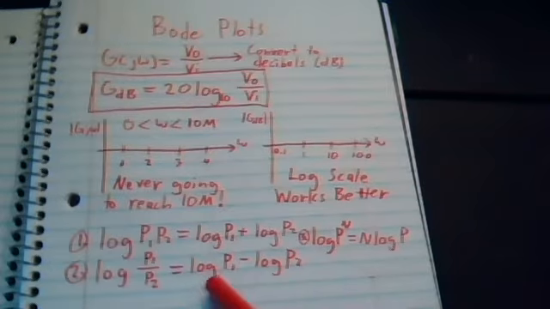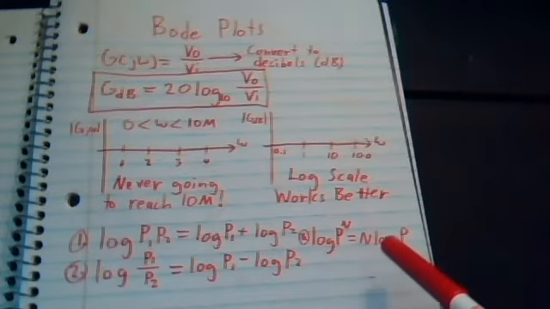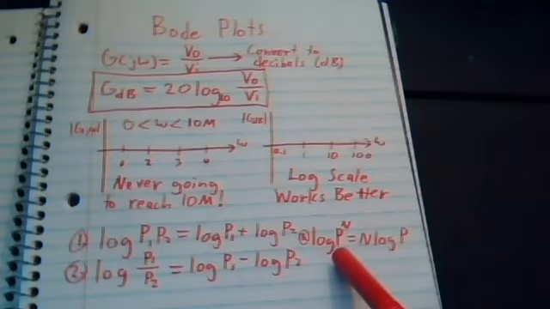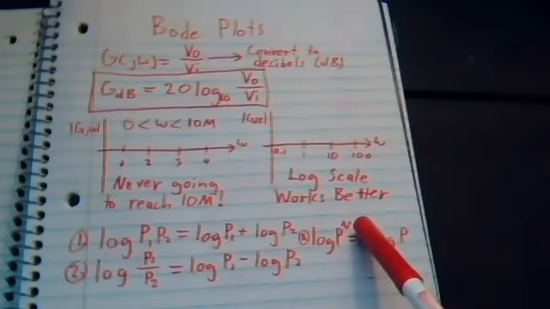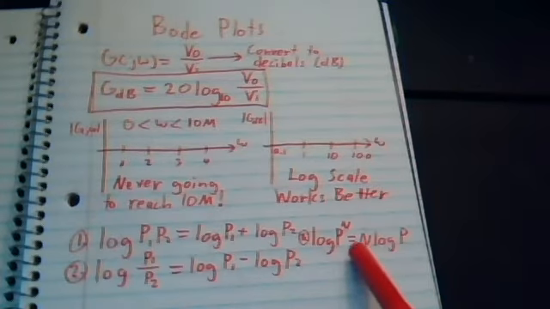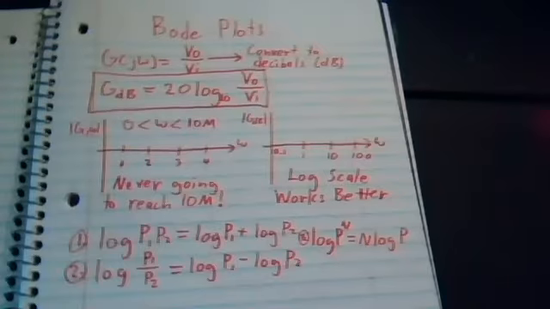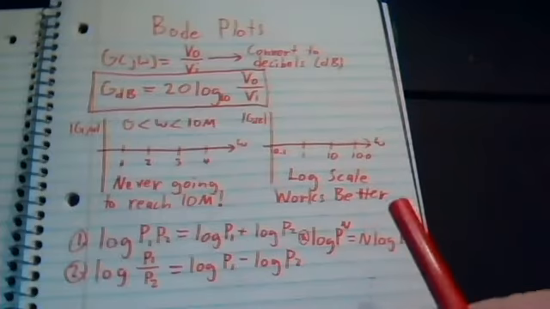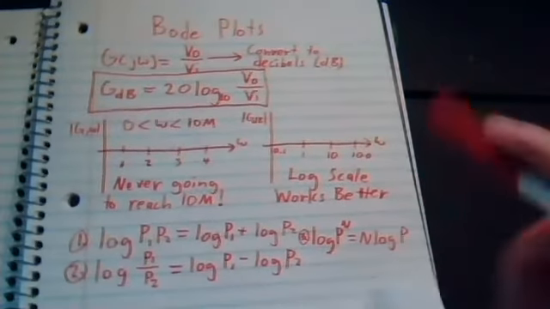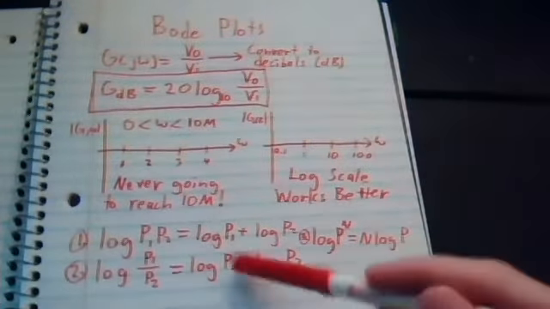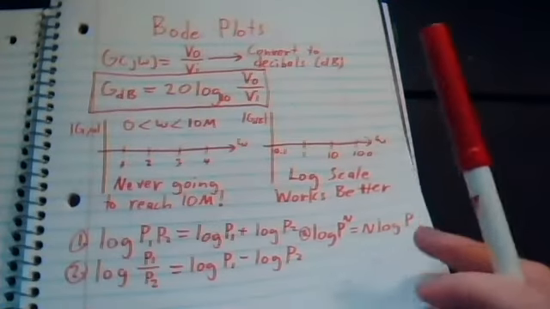So it'll become log of P1 minus log of P2. If we have a term raised to a power, we can turn that power into a coefficient. We can pull that n out front, as we have done here. So these are the three rules that we have to remember primarily when we're working with decibels, just because it's a logarithmic unit, and this is really fundamental to how we use it.